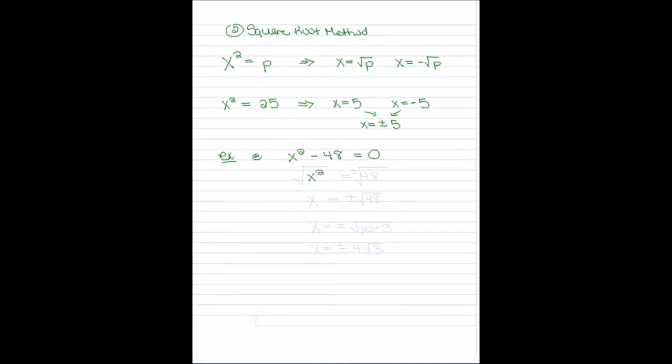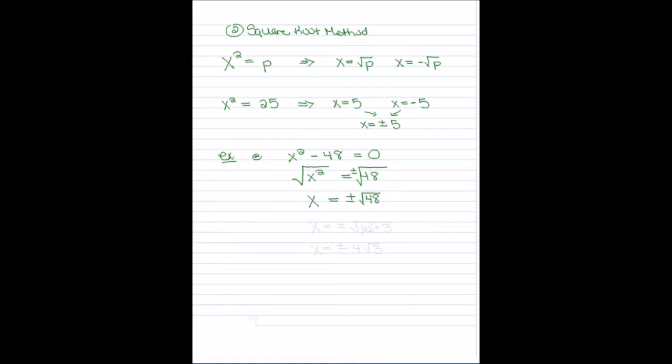So I'm going to move the 48 to the other side by adding it. So I get x squared is equal to 48. Now that I have the x squared isolated, I can square root both sides. I'm going to tag a plus or minus to the front because I know I'm going to have 2 answers. So x is equal to plus or minus the square root of 48.